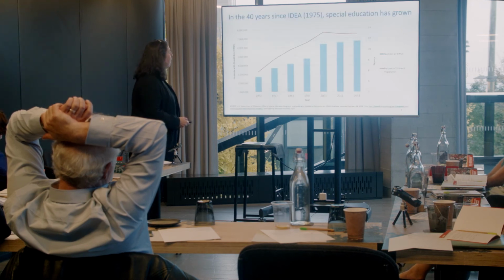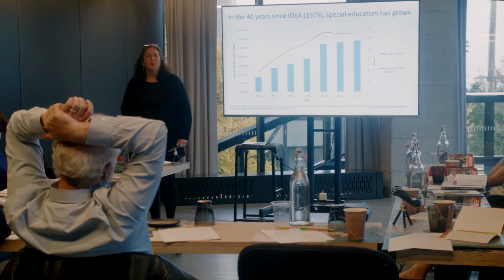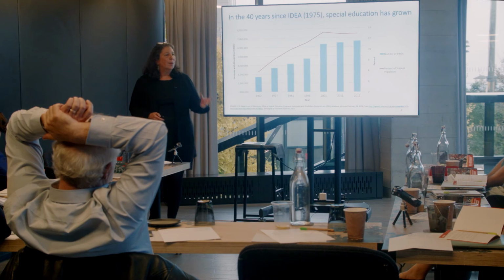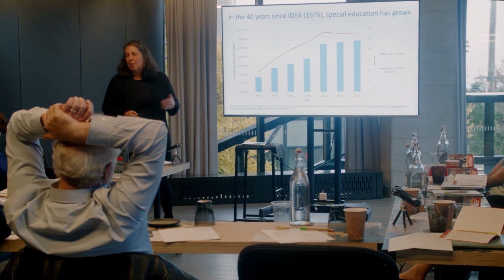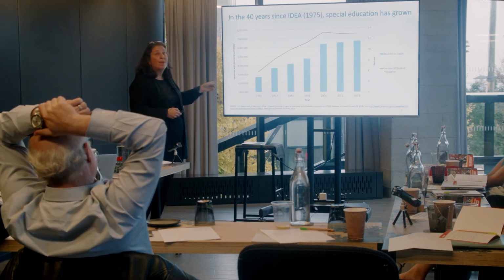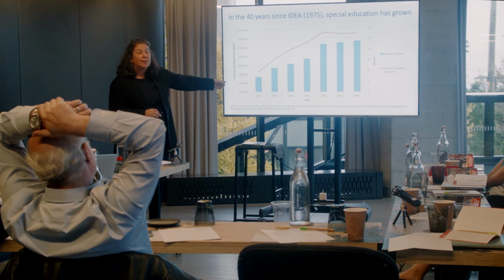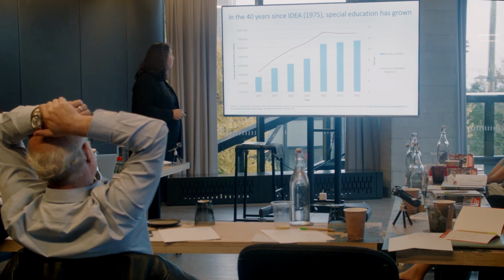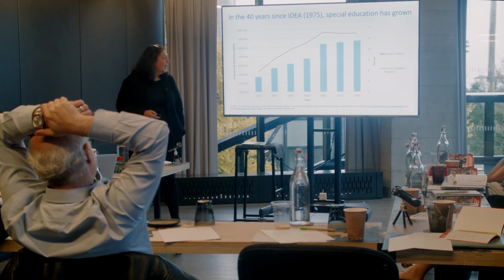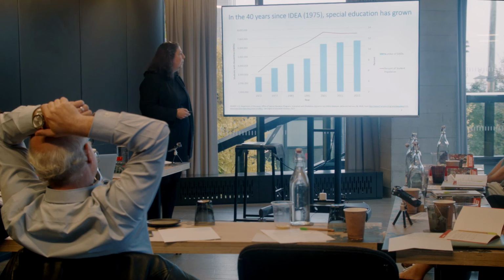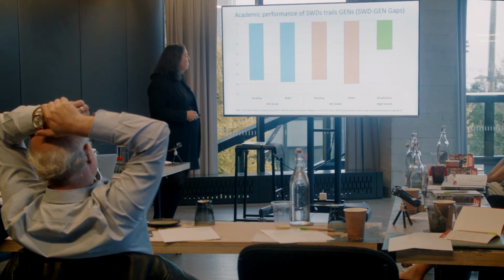Okay. I want to talk first about an important application for this, and that is to think about special education. When you think about biological issues that come up in education, one of them is the striking growth in students with disabilities. It's increasing both in number and percentage of the population.